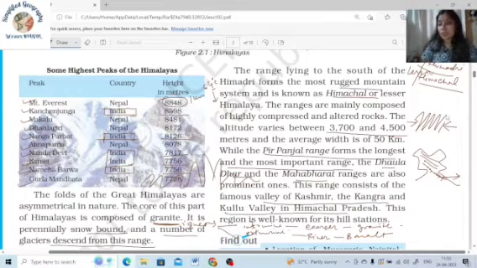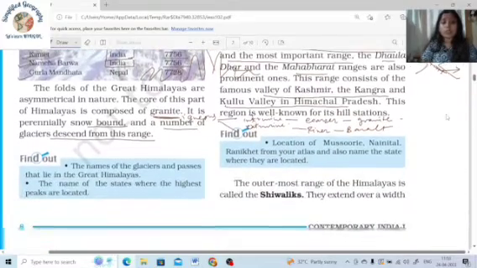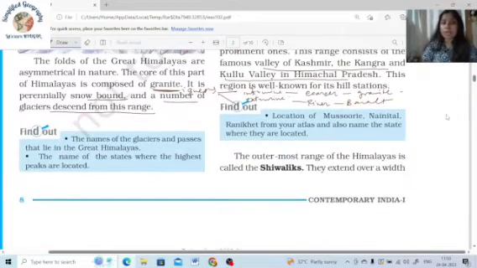Okay, so up to this, moving on to the find-outs. I missed out some find-outs of the Himadri portion: the names of the glaciers and passes that lie in the Great Himalayas. Now what are these passes? When you want to move from one mountain to another mountain, you should move through a pass.